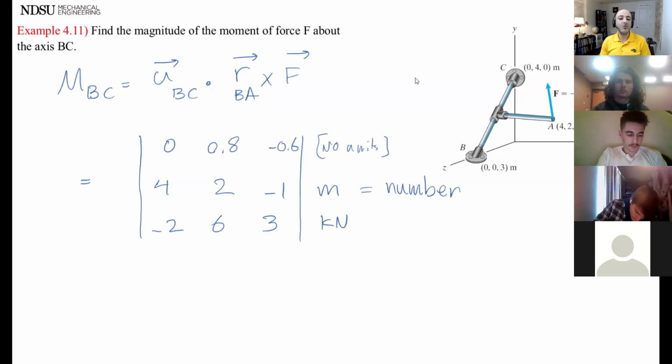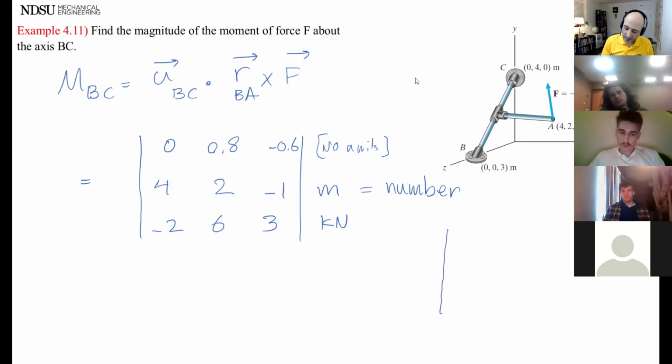When we are finding the moment of a force about a point, you put IJK there, 4, 2, minus 1, and the force on the bottom, right? So let's just look back really quick here. We had R: X, Y, Z. We had Fx, Fy, Fz.